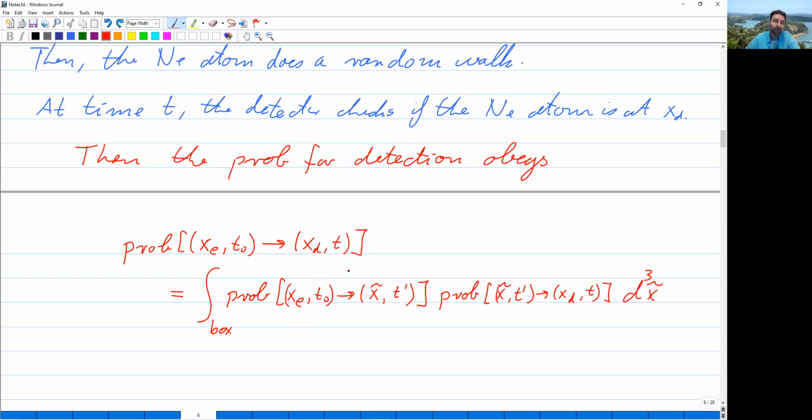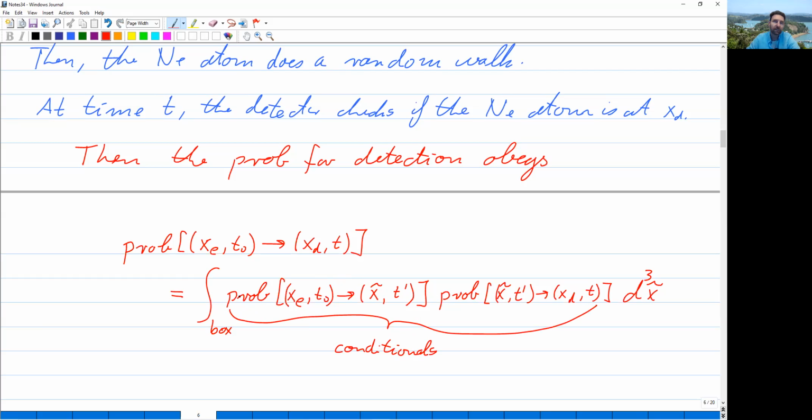Right? Because it's got to be somewhere. So what we see here is that these are conditionals. We here use the conditional probabilities rule. You see, for it to arrive at the detector from an intermediate position, it had to arrive at the intermediate position first, right?